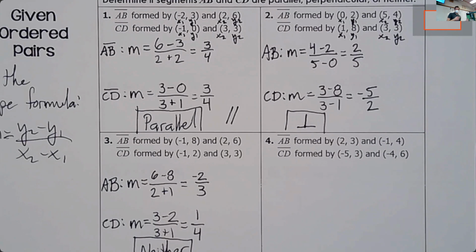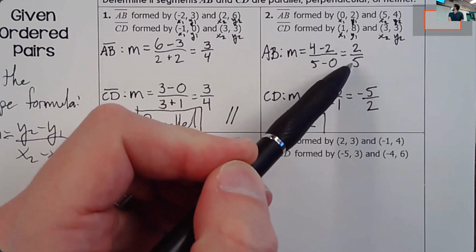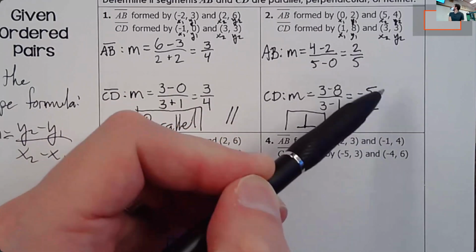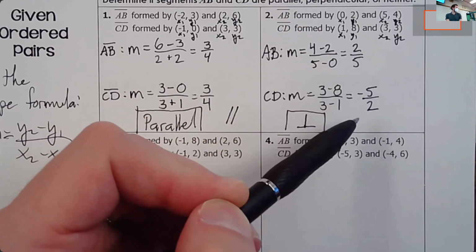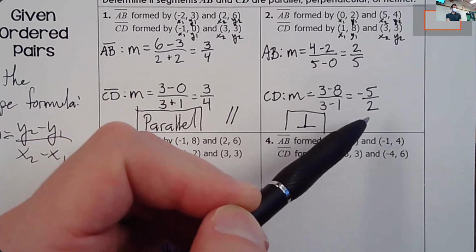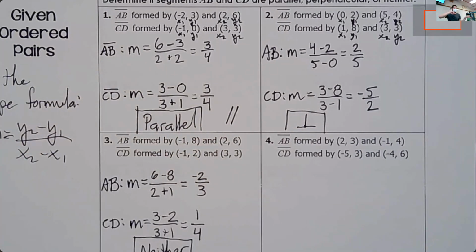That would become a neither, exactly. So what Ash was asking is, if this one stays a 2/5, and this one, instead of a -5/2, is a -4/2, that would turn into a neither because they're not reciprocals at that point. One's positive and one's negative, but they're not reciprocals.